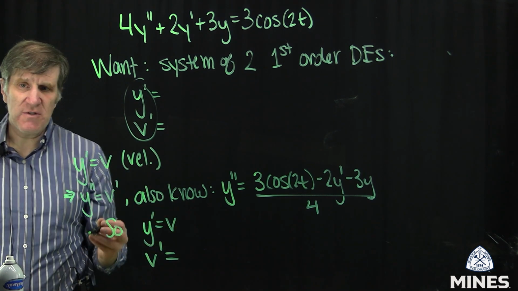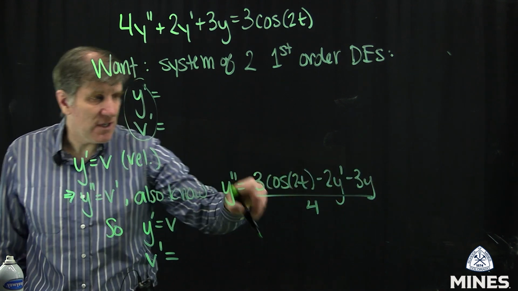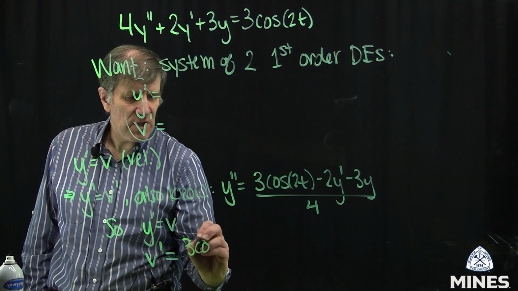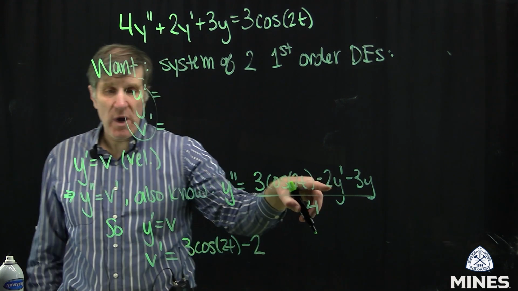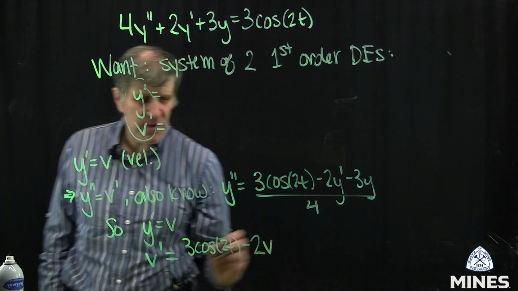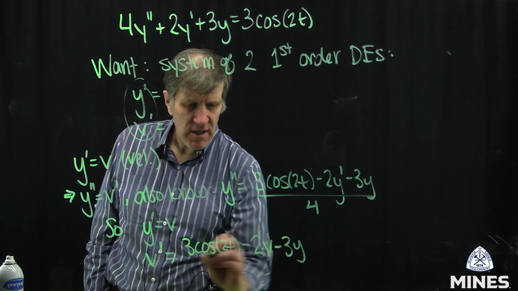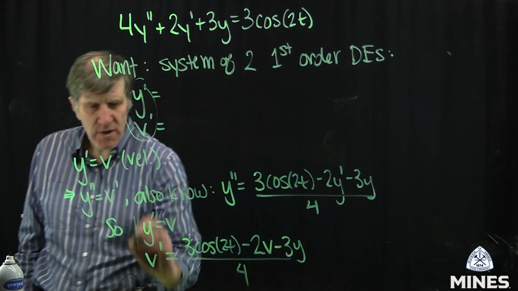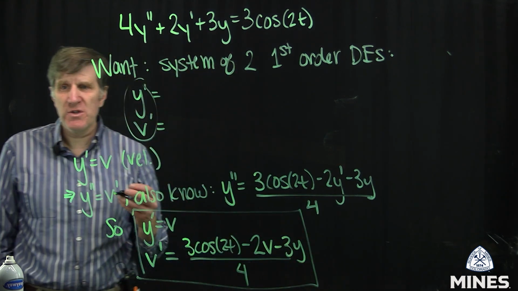So I have y prime is v, and I have v prime is y double prime, which is this: 3 times the cosine of 2t minus 2 times y prime. What is y prime? In terms of my new variables for the system, y prime is v. And then minus 3y all over 4.